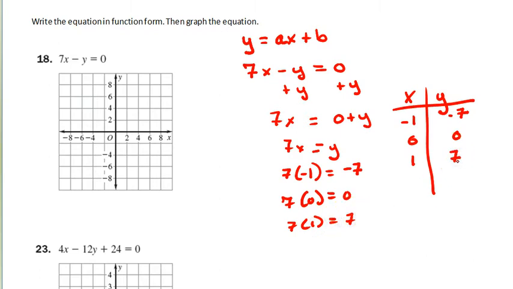So now I can graph it. So I start with negative 1. Actually, these are by 2, so I'm going to have to do it part way through. So this will be negative 7. 0, 0 is right here. 1, 7 is right here. Now I need to make a line that goes through all my points.